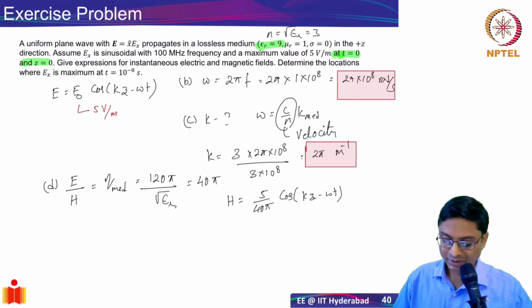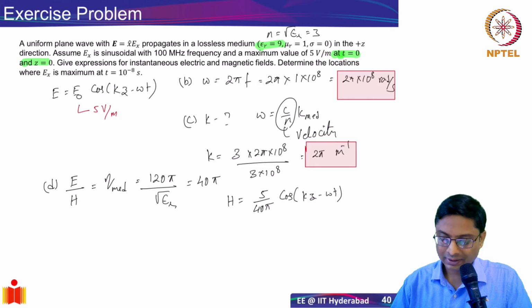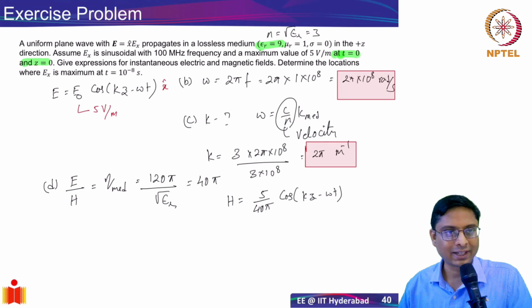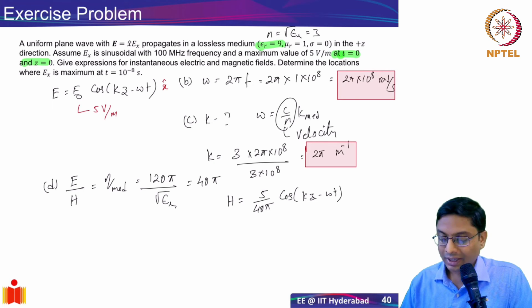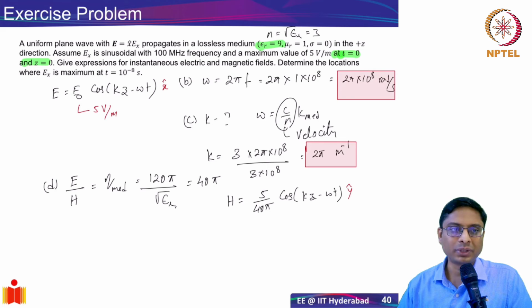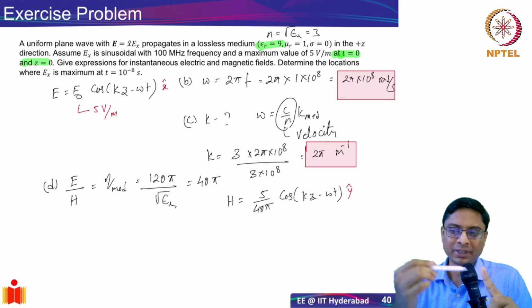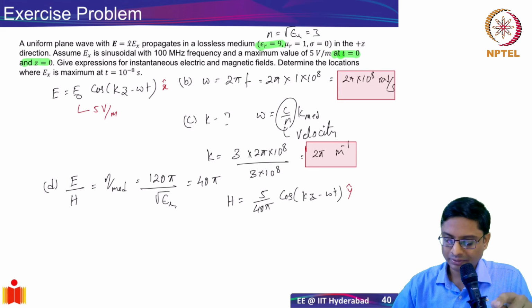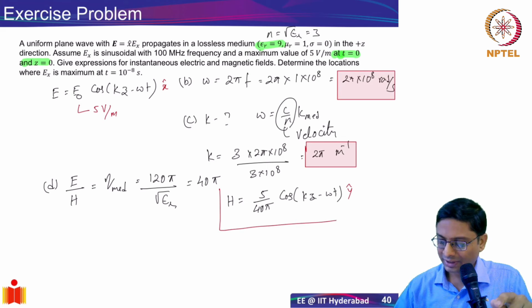The only issue is, in the beginning we said this is x cap: the electric field is in the x direction, so x polarized, and the direction of propagation is z. So it's important to specify that my magnetic field is going to be in the y cap direction. It has to be that, because we know that electric and magnetic fields are perpendicular, and they both are simultaneously perpendicular to the direction of propagation. Because of that, we can write out this expression for the magnetic field.